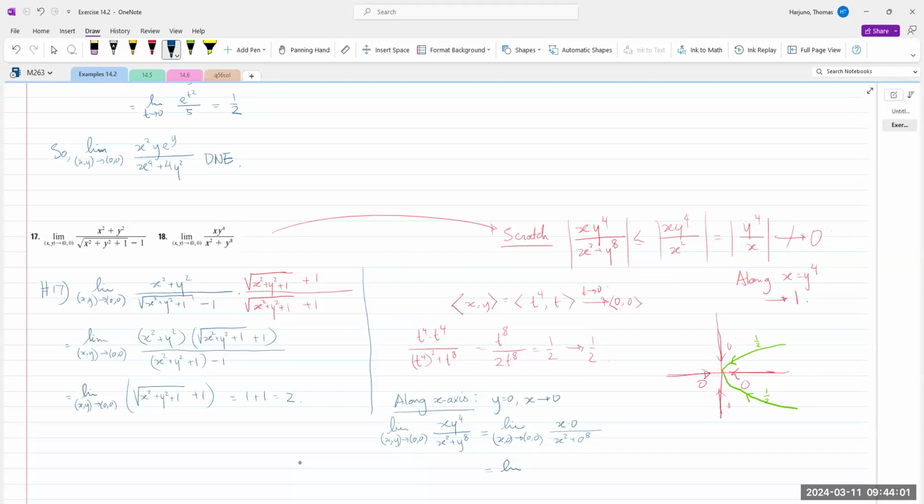This is the limit as x goes to 0 of 0 over x squared, that is the limit as x goes to 0 of 0, which is 0.